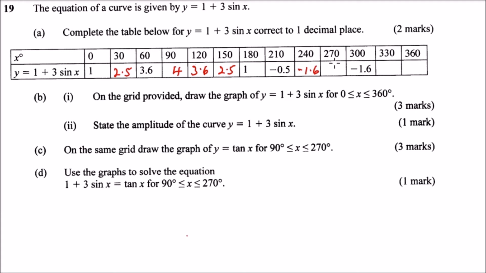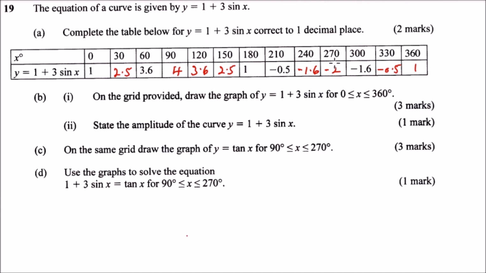Then 270, you get minus 2. Then 330, using your calculator, you should get minus 0.5. And finally 360, you get 1. So that is how you fill it by working with your calculator.